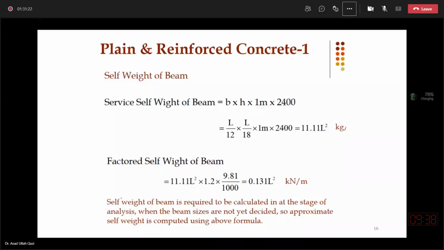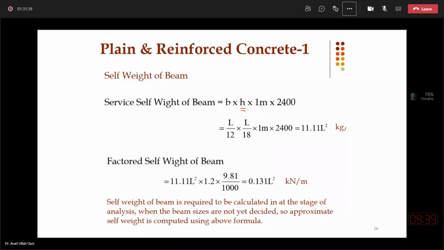It is simple. If you know the gross H of the beam, you can subtract from that gross H the slab thickness, because slab thickness is already included in the estimation of the slab load over the beam.